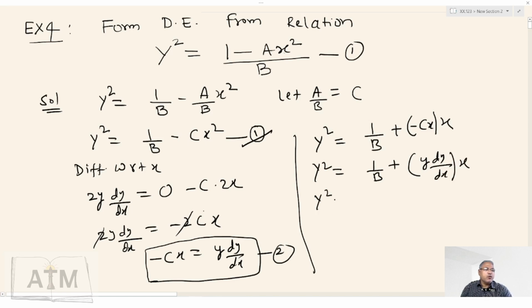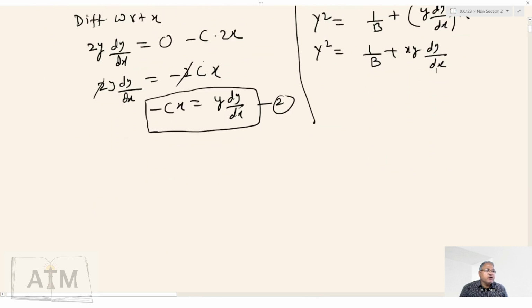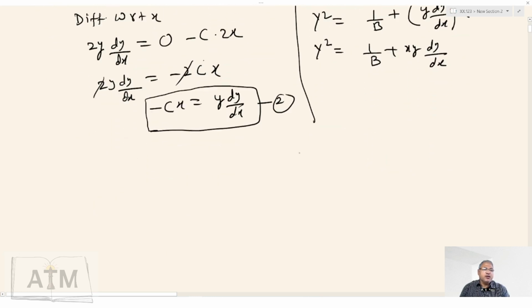So I have y² equals 1/b plus xy dy/dx. Now the constant b has to be eliminated. For that, differentiating again with respect to x.